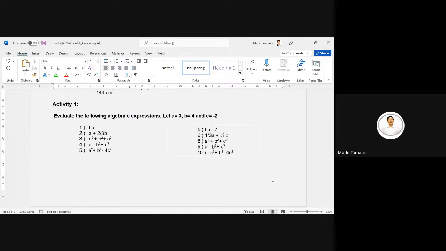Positive 4 times negative 2, negative. What is negative 2 to the third power?